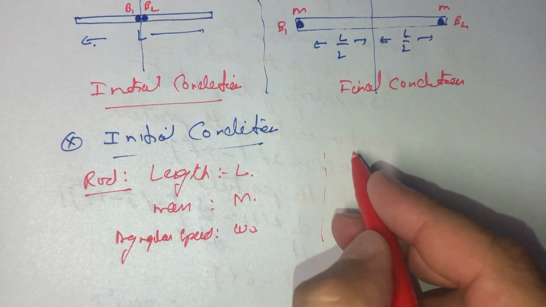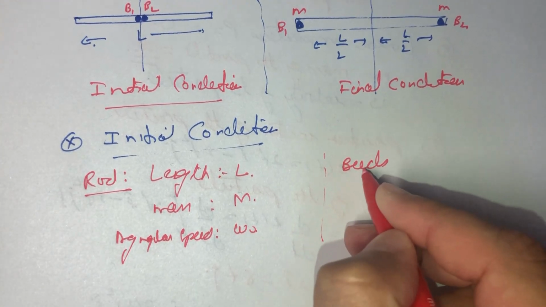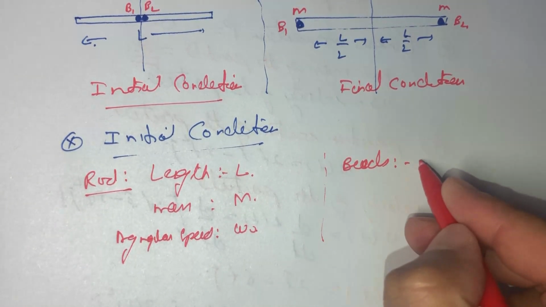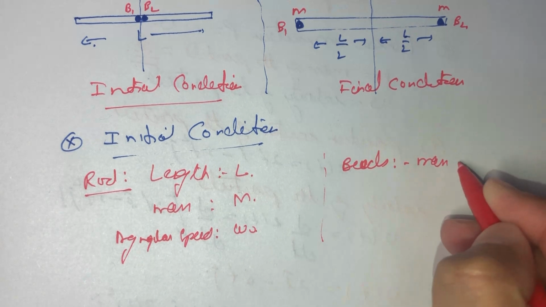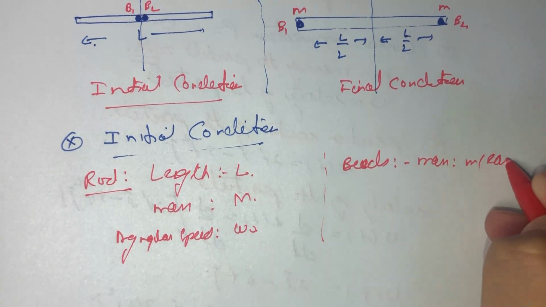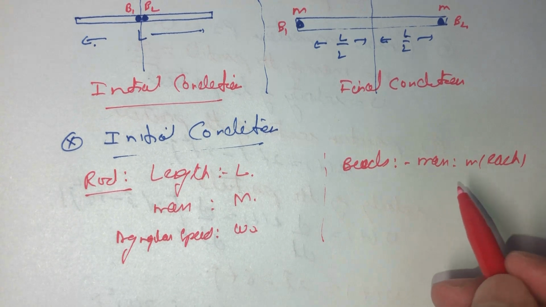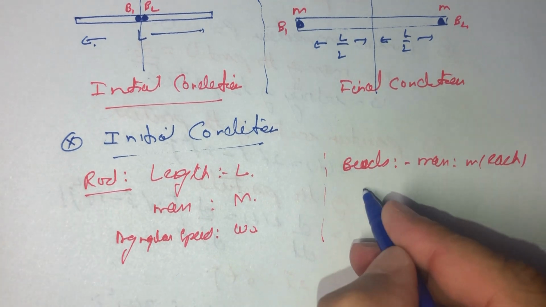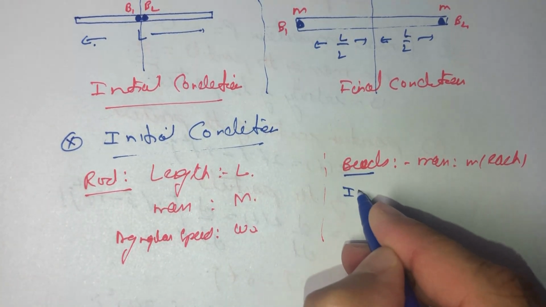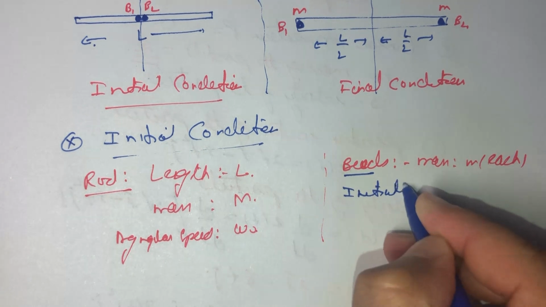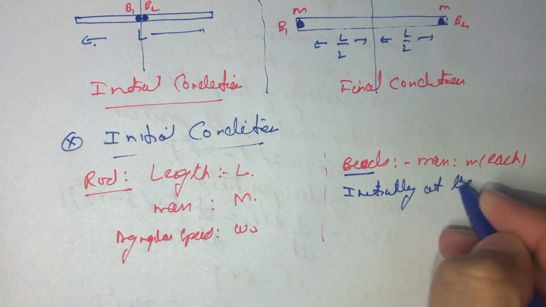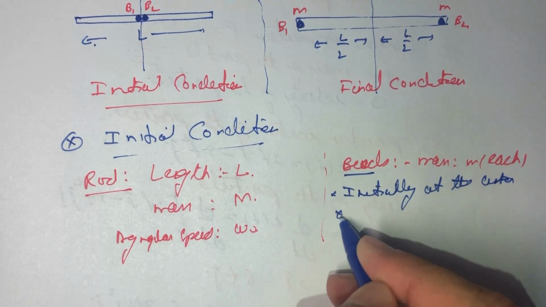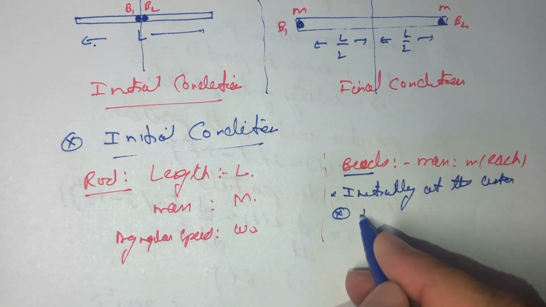And for the initial condition, the beads' mass is small m each, and it is given that initially they are at the center, and their size is negligible.